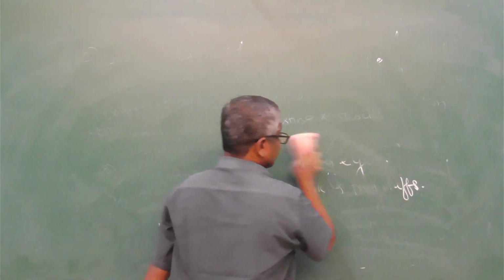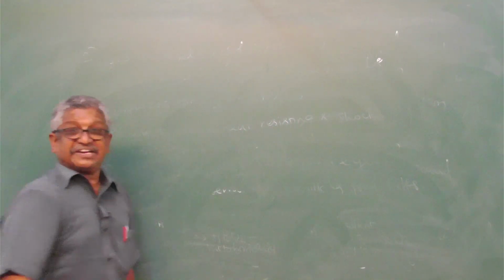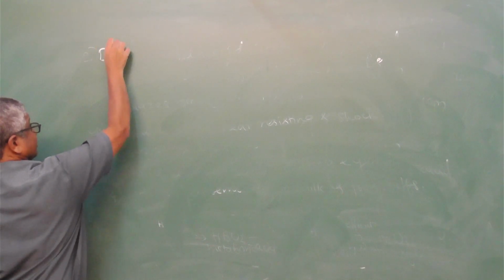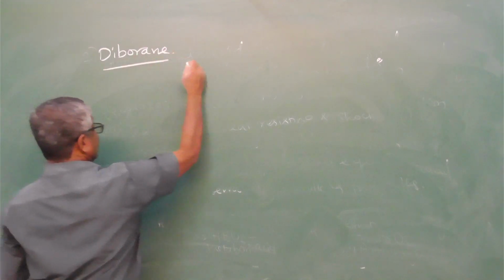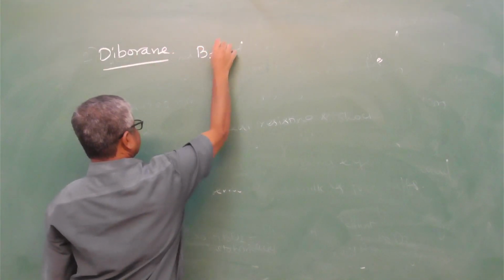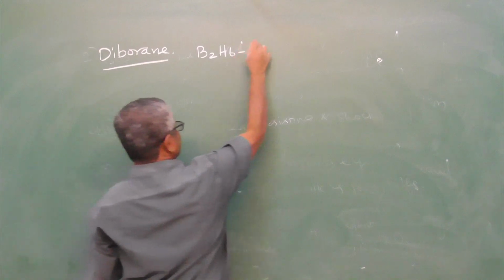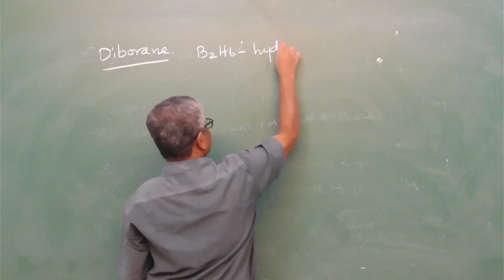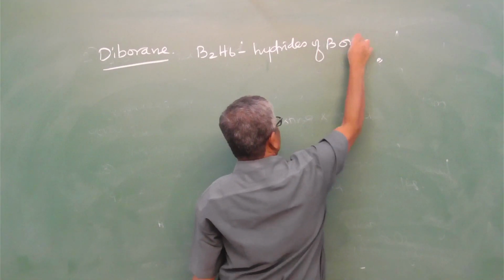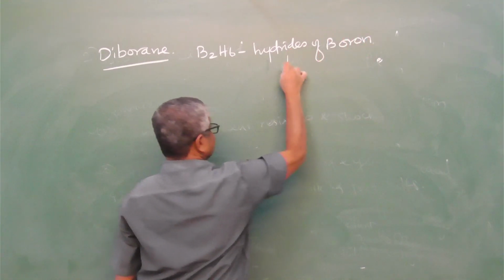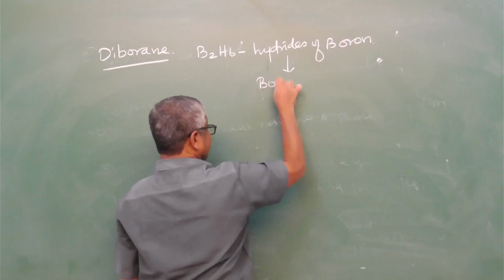Hydrides of boron are generally called boranes. Diborane formula B2H6.